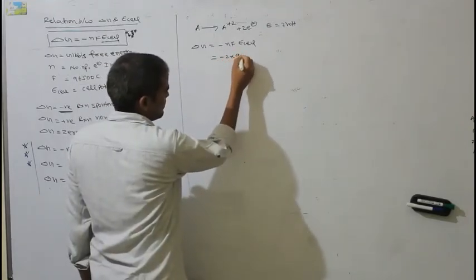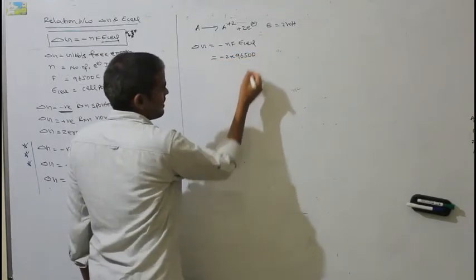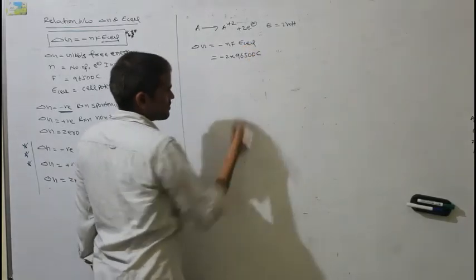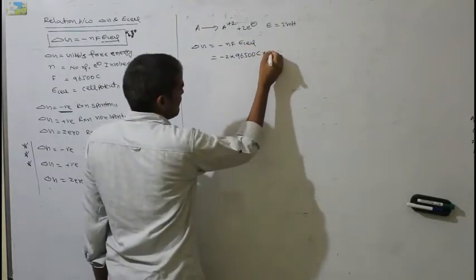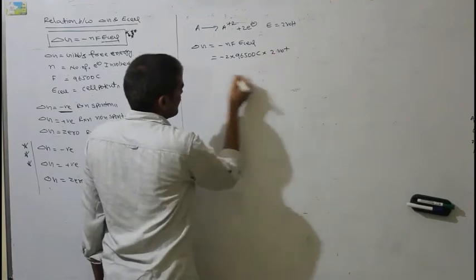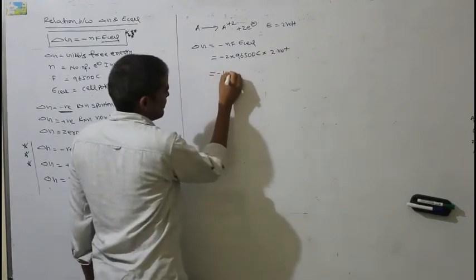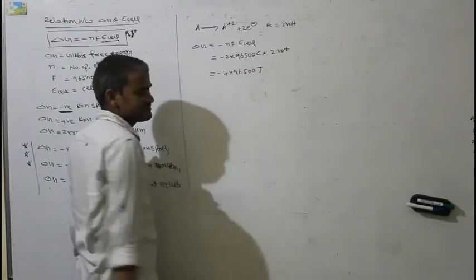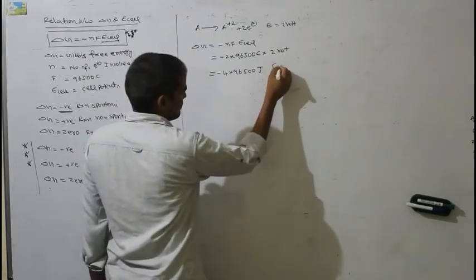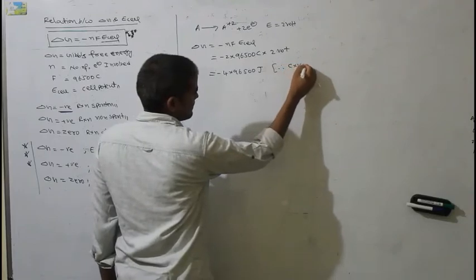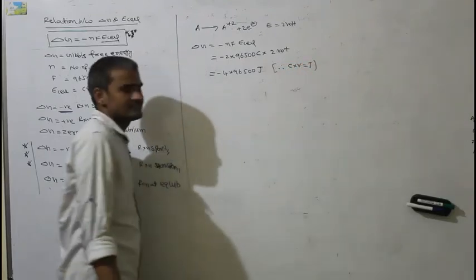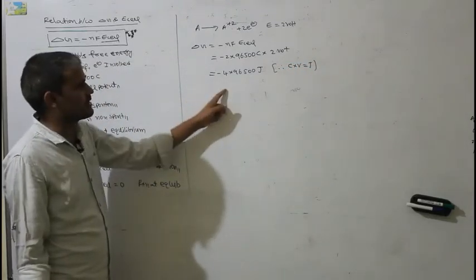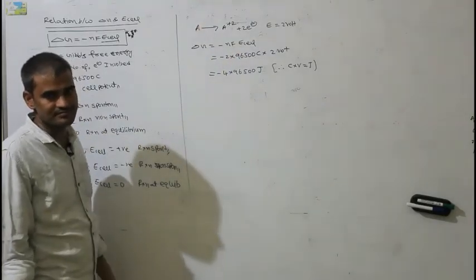Into F is equal to 96500 coulombs, and E cell value is 2 volt. So it becomes minus 4 into 96500 joules. Here, coulombs into volt is equal to joules. Now del G became negative, so it is spontaneous.